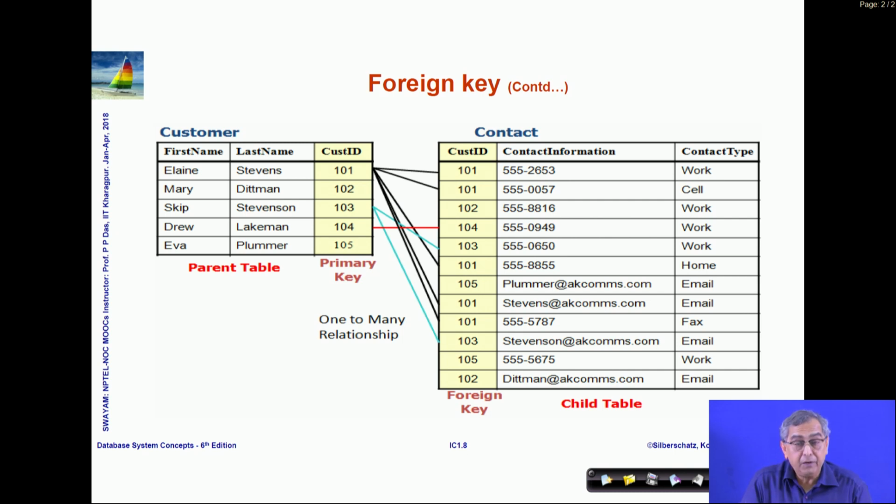So, it is not a key there, but it says that given this value in this field, I can uniquely identify or relate a set of information in the customer table, which I would like to find out. So, a foreign key formally says that it refers to a primary key in some other table.